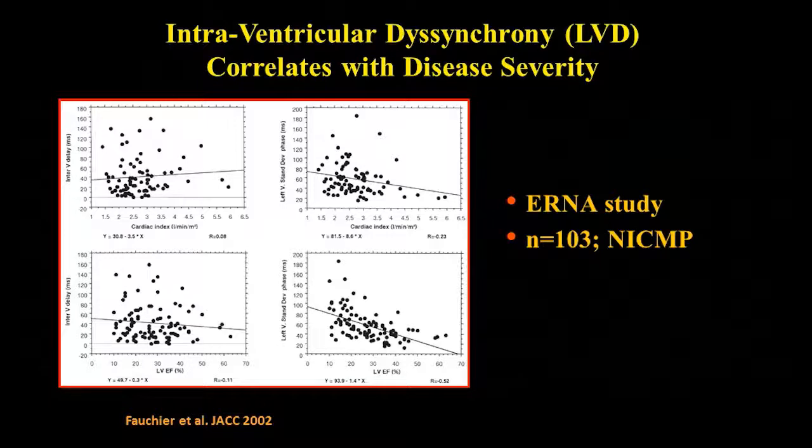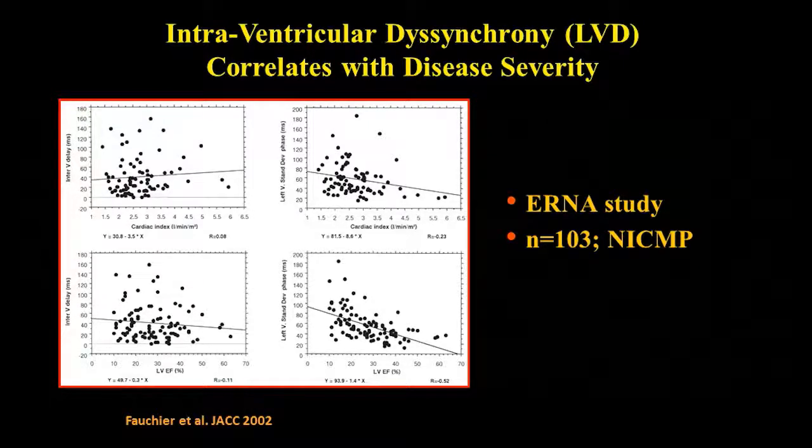Now, the reason we are focusing on left ventricular dyssynchrony alone is from this ERNA study that was done in 2002. It showed that when comparing interventricular dyssynchrony, that is between the right and the left ventricle, with intraventricular dyssynchrony, it was the intraventricular dyssynchrony that was more closely related to cardiac function as assessed by cardiac index and ejection fraction.